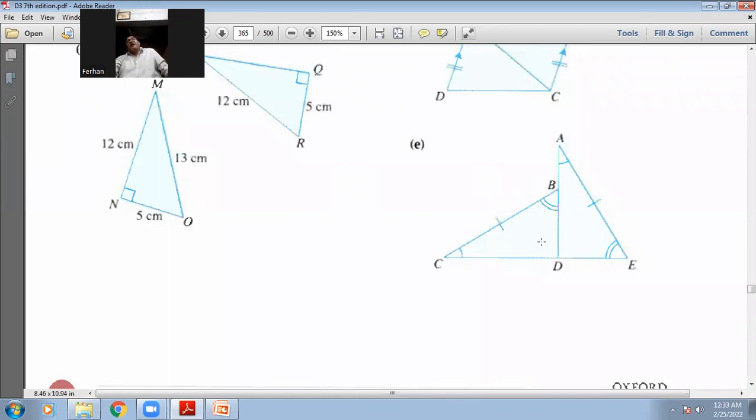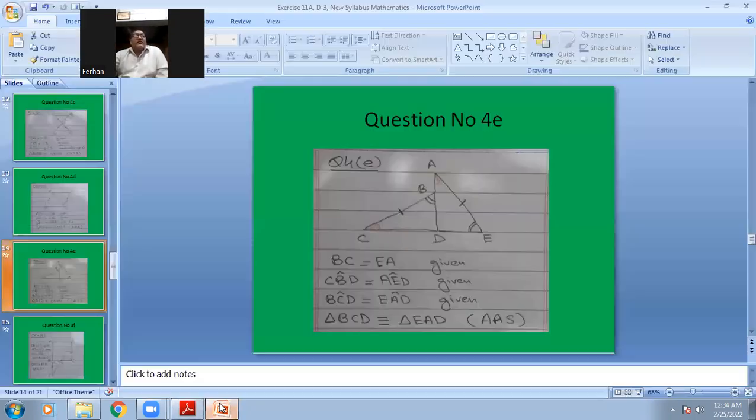So in the E part, we are comparing these two triangles with each other, and you can see that the angle C and the angle A are equal to each other. The angle B and the angle E are equal to each other. Let me show you how this is done.